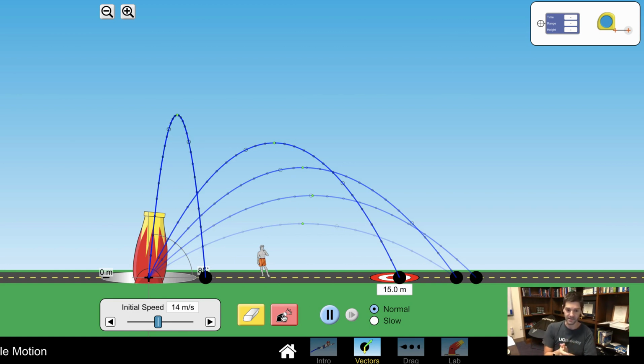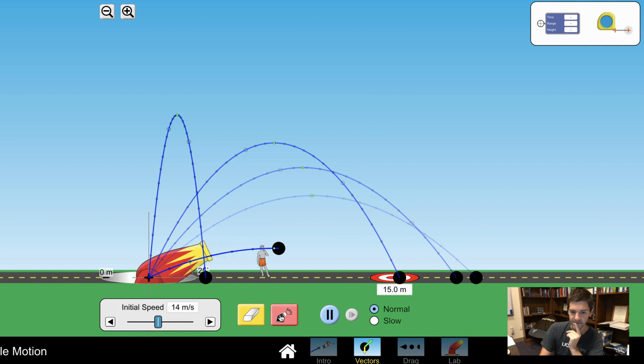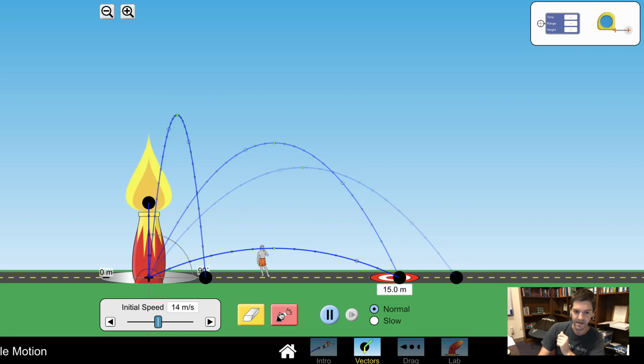It would be, in that case, 14 meters per second times cosine of 85 degrees, which is a very small number, where sine of 85 degrees is almost unity. Compared to if I have the trajectory very low and try to launch it, it gets farther out, but at the cost that it doesn't stay in the air as long as when I did, say, 90 degrees or 85 degrees.